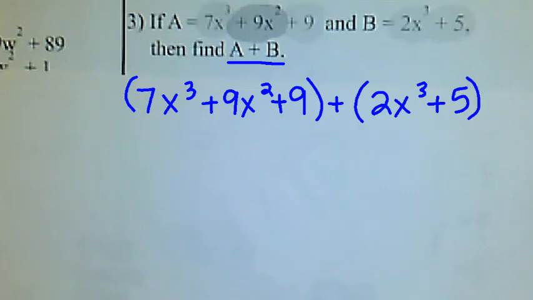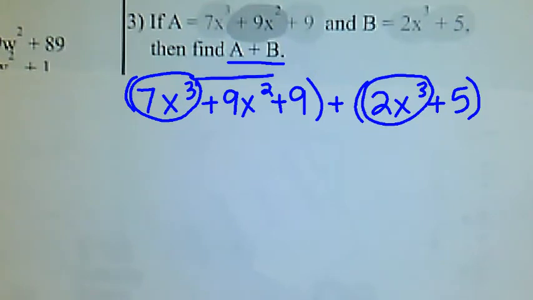Okay, we can get rid of the parentheses. Another strategy some people like to use is you can actually draw shapes around the like terms. Okay, just make sure whatever the sign is in front that you carry it along with it.